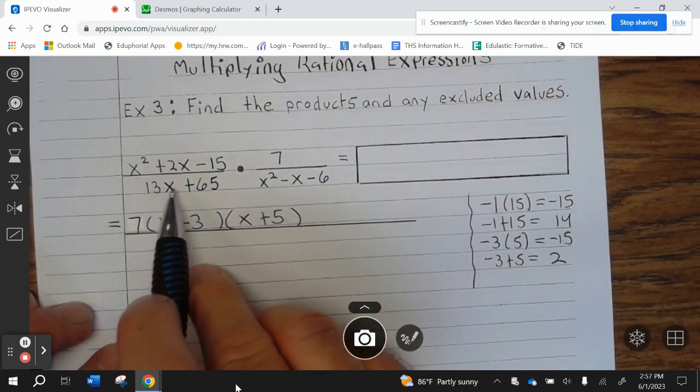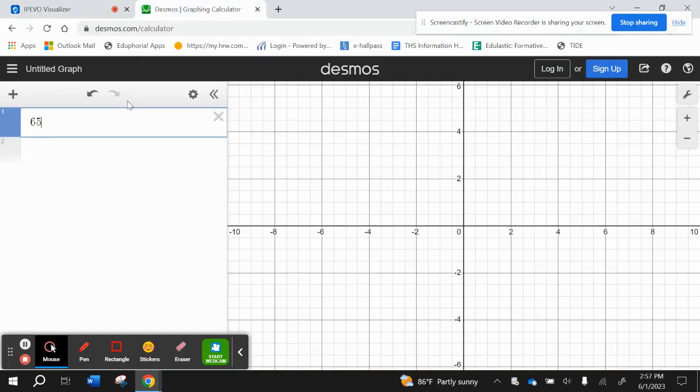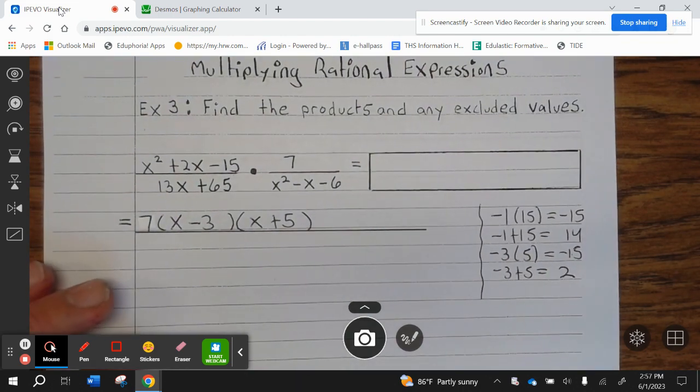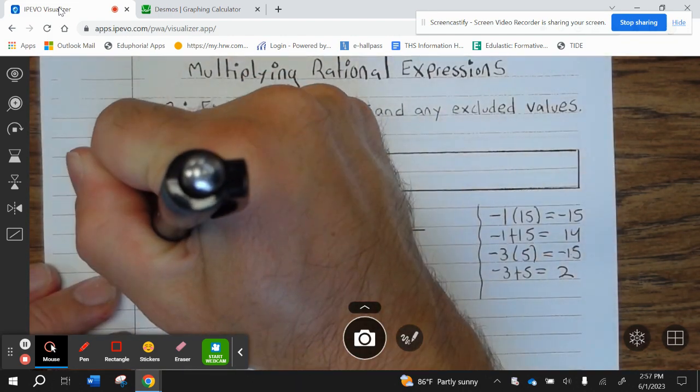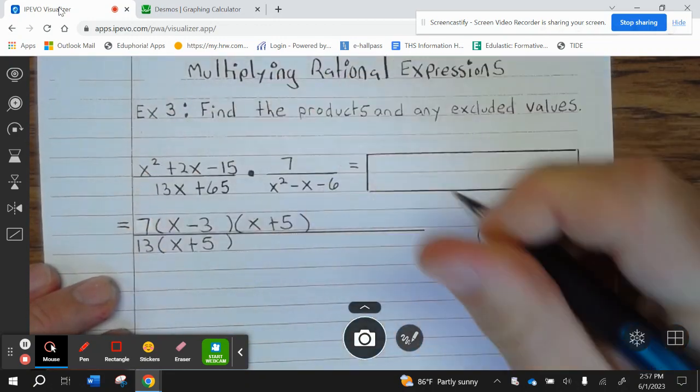We can factor out a 13. I'm almost certain from 65, but we can use our calculator to do that. If we do 65 divided by 13 is 5. So that becomes 13 times x plus 5.